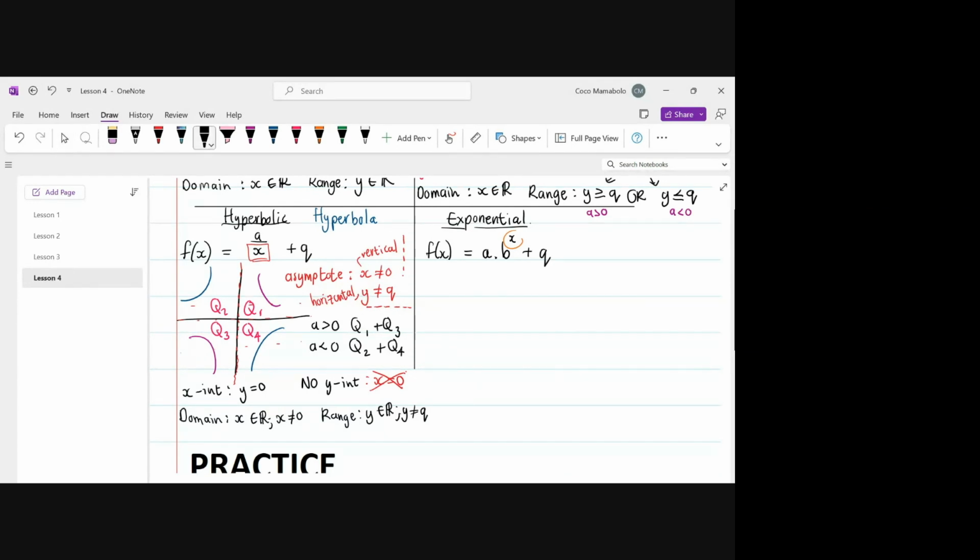All right, here's a couple of things we need to remember about this. a cannot equal 0. b cannot equal 0. And b needs to be greater than 1. Okay, those things are very important.